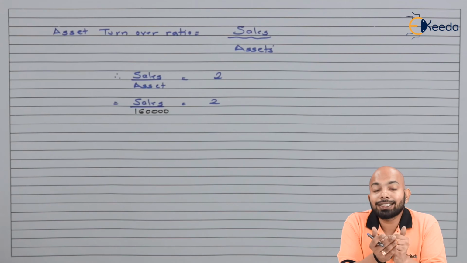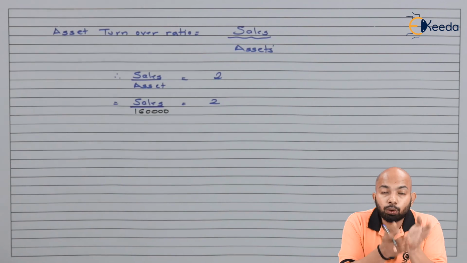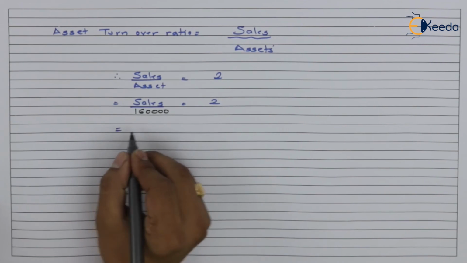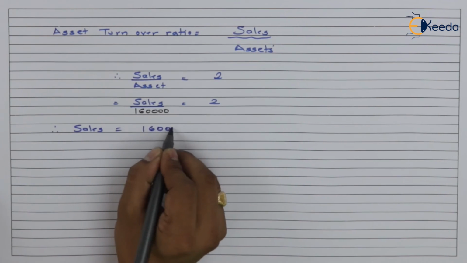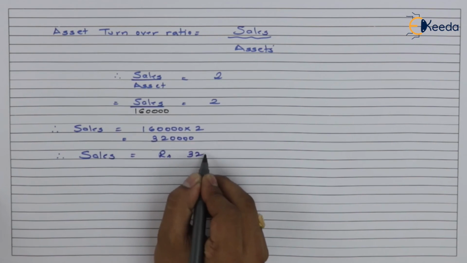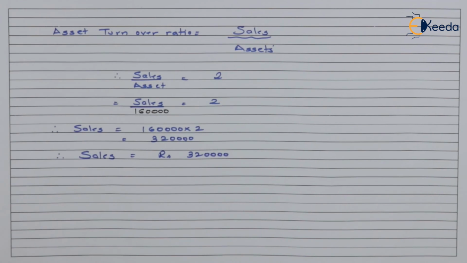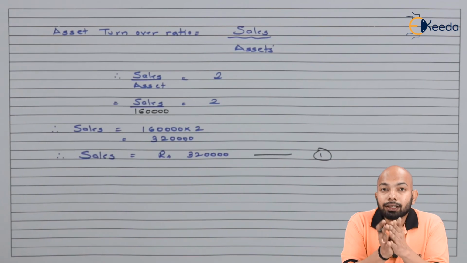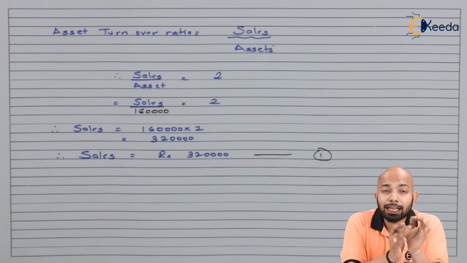So sales upon 1,60,000 is equal to 2. So total sales will be 2 into 1,60,000. We have found out the sales is 3,20,000. We have denoted it as 1.